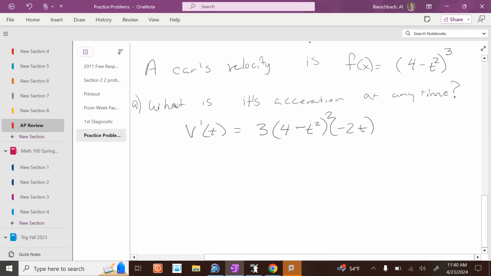So then it's negative 6t times 4 minus t squared, squared. Okay?